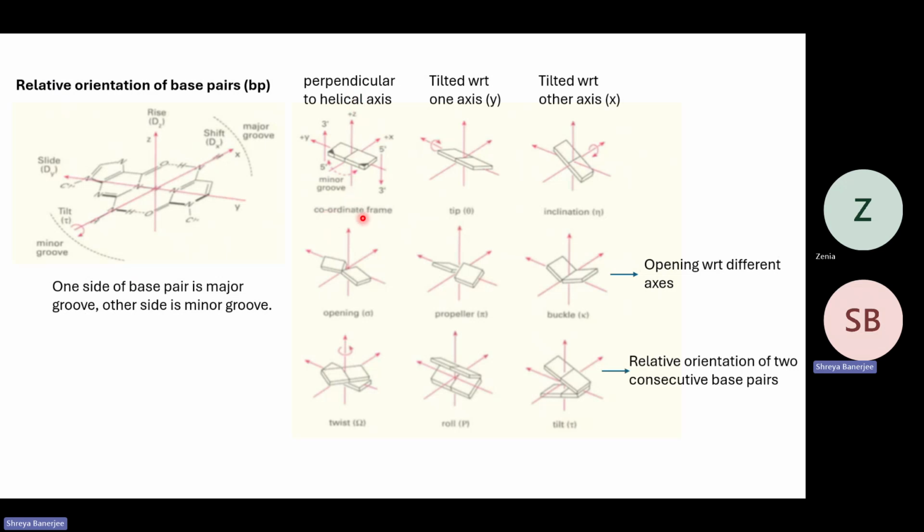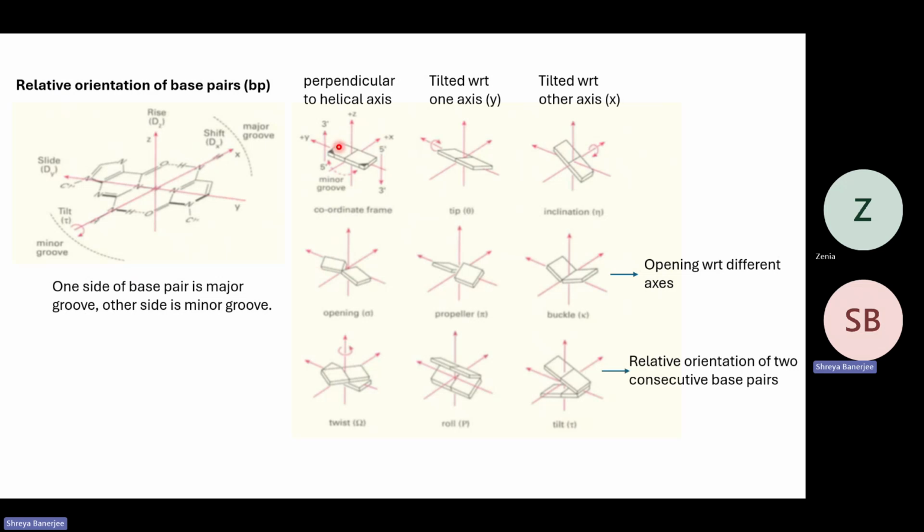This is the coordinate frame. From this, we consider the helical axis is Z and the base pair is in the XY plane. Now the base pair can tilt along Y axis. That will be called the tip. If it tilts along the X axis, that will be called inclination.